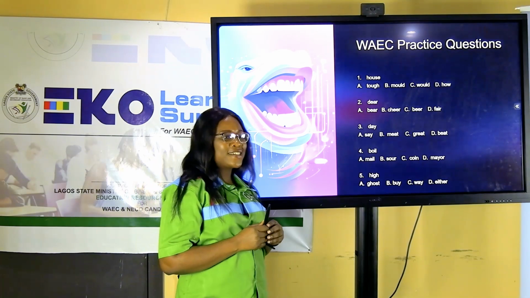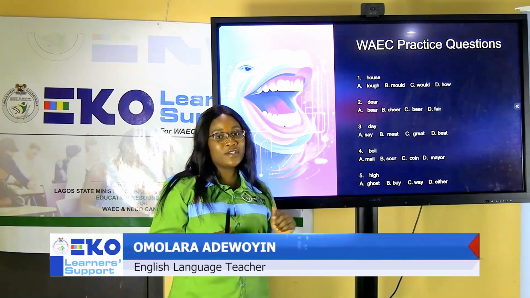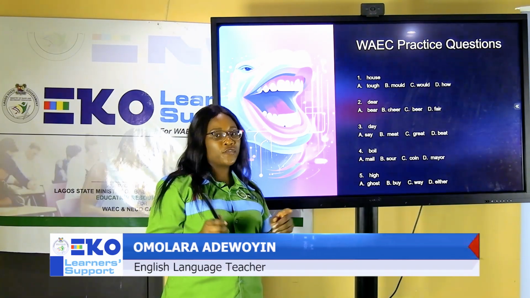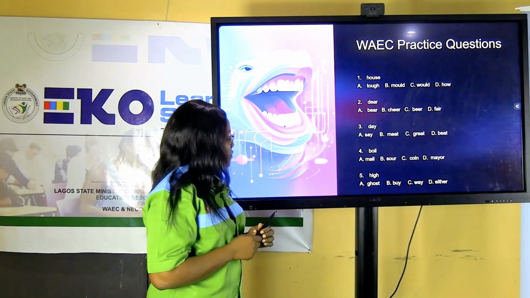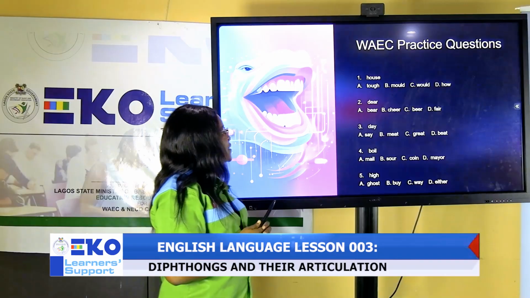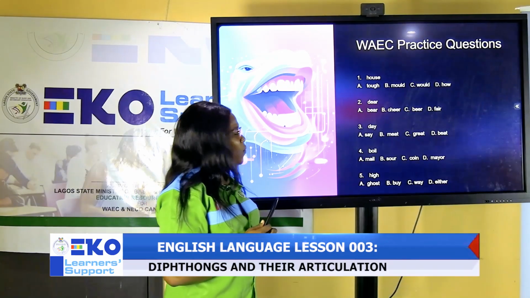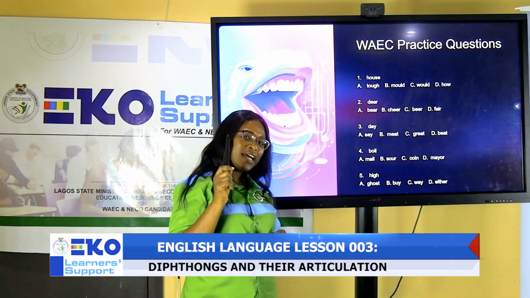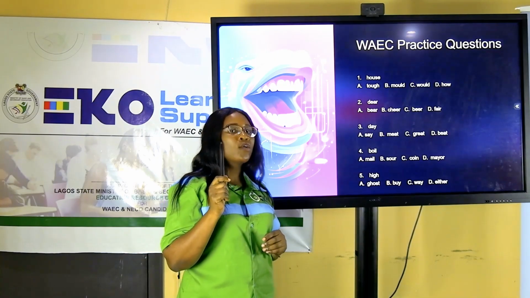What were your answers? Don't forget you can use the elimination method when you are confused. Just apply the elimination method. The first word says house. House. What diphthong can you hear in that word? Did I hear you say ow?